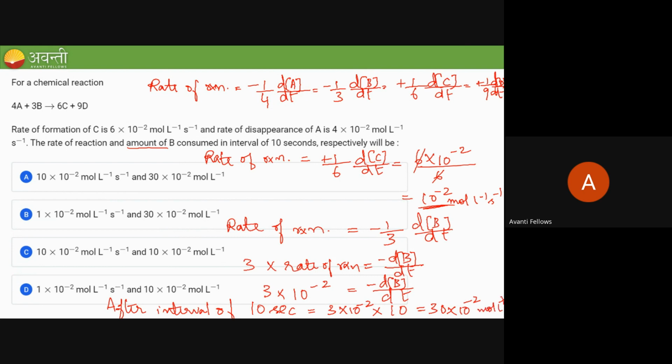So the answer is option B. This 10 power minus 2 is the rate, and 3 into 10 power minus 2 is the amount of B consumed in the interval of 10 seconds. Now moving on to the next question.